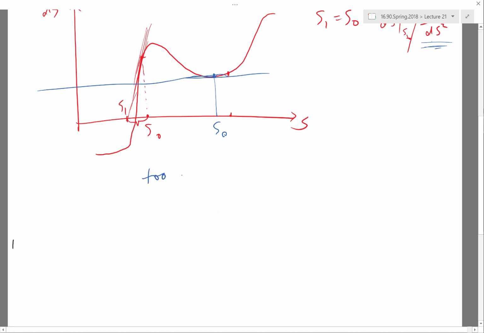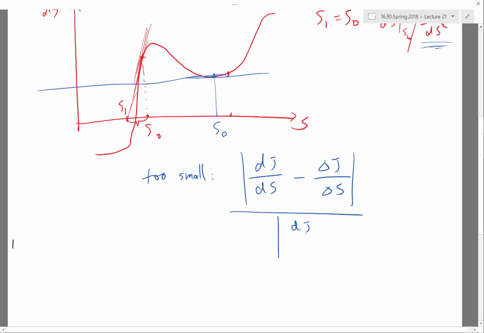So too small means your dJ/ds minus your delta J over delta s, usually divided by the magnitude of dJ/ds, is less than a certain threshold, epsilon, 0.1 or something.